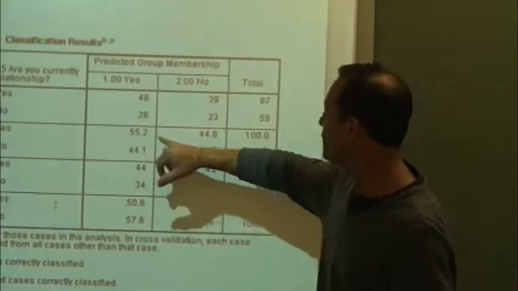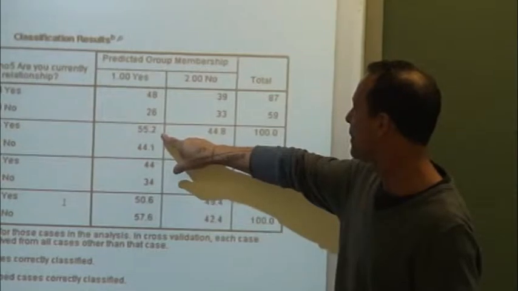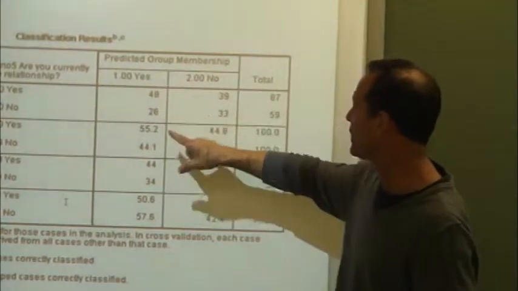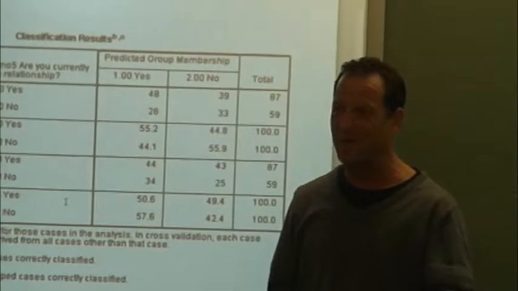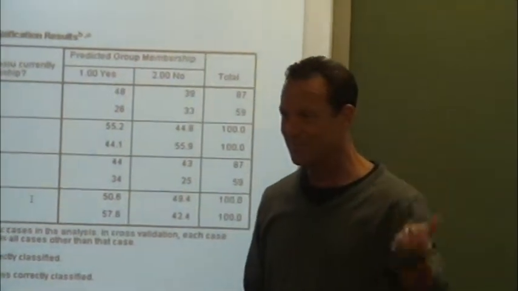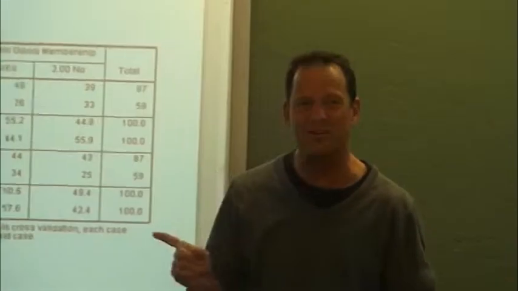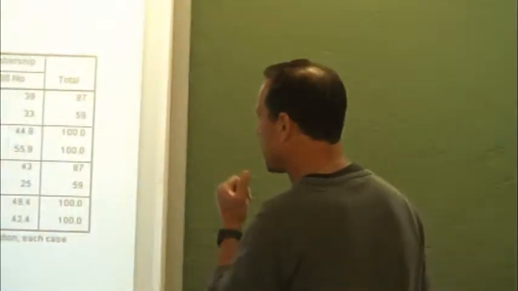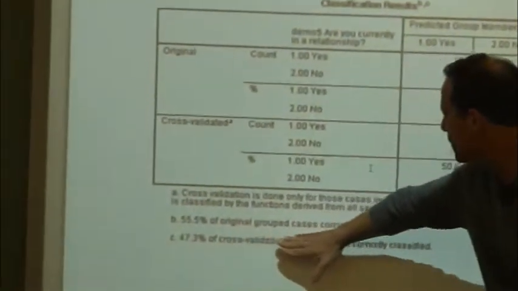Which means 48 out of 87 is 55%. 55% were correctly classified in a relationship. It's a little bit better than chance. Is it a whole lot? Subjectively, is that a whole lot better? No. So here you see everybody. Overall, 55% of the original grouped cases were correctly classified.